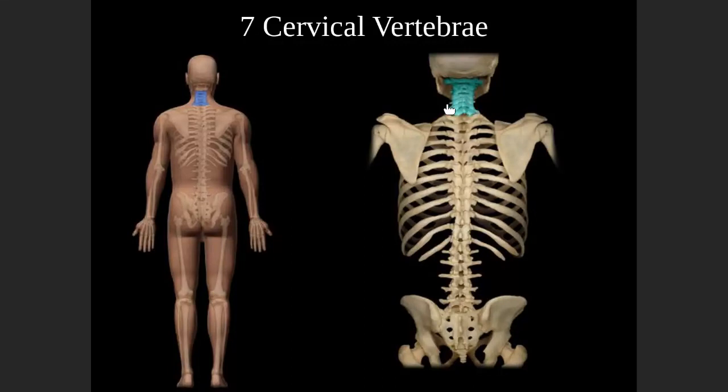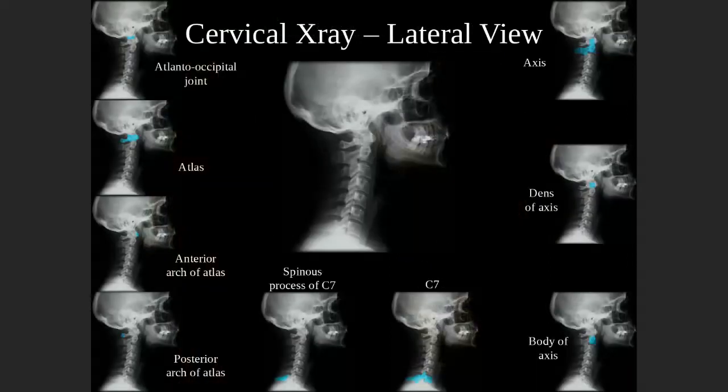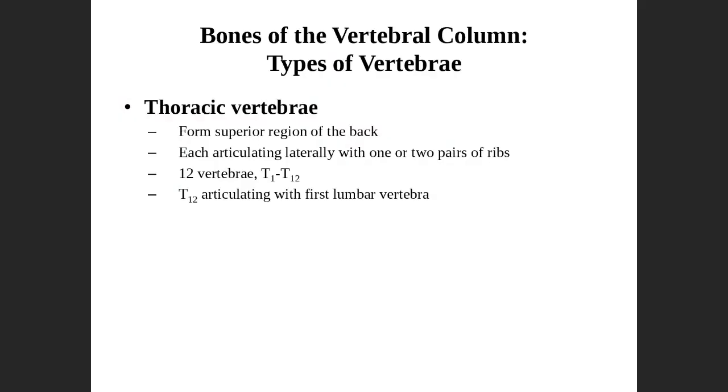There are no ribs that attach onto it. So that's one way to help you differentiate the cervical vertebrae from the thoracic vertebrae. Here you can see an X-ray view, lateral views, side views of all the individual vertebrae. Atlas is the first one here, then the one that sits right below the Atlas is the axis, also known as C2. So we'll go through all those different parts.